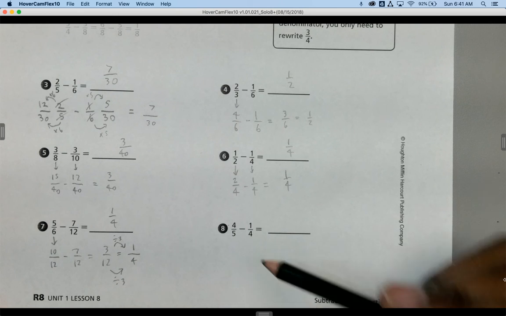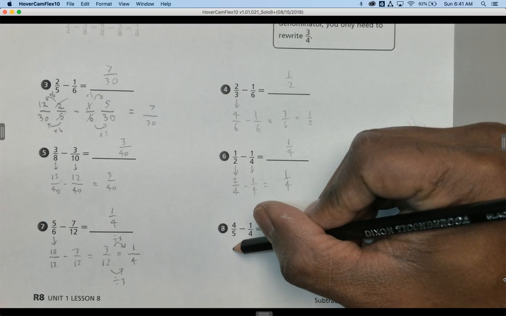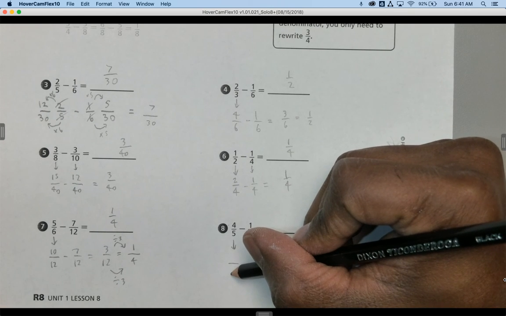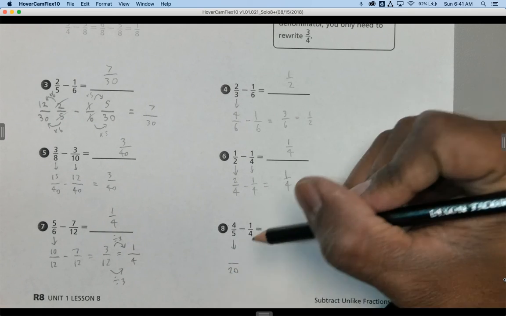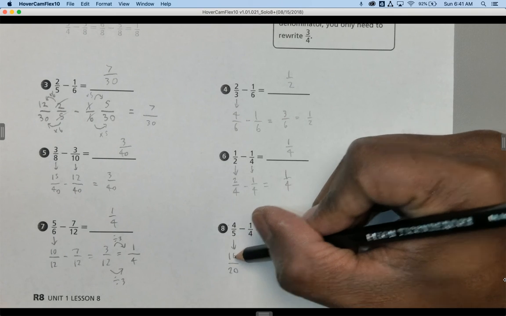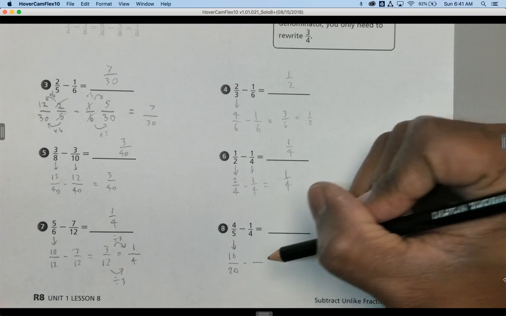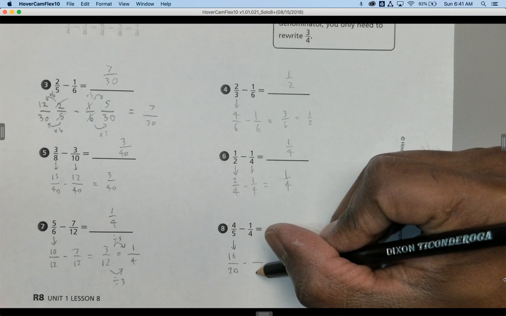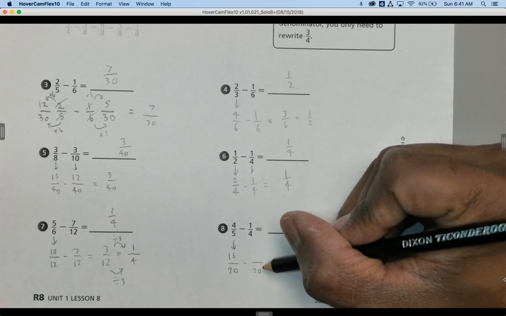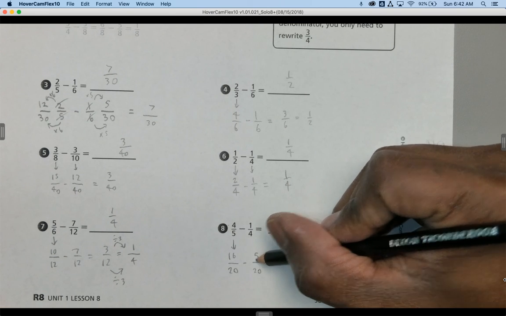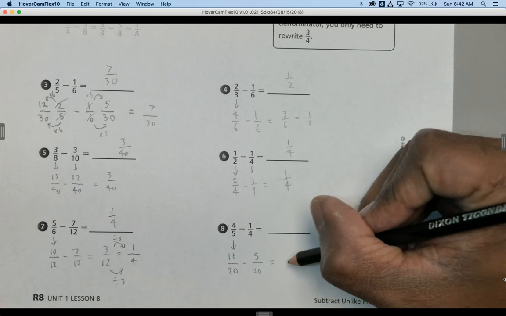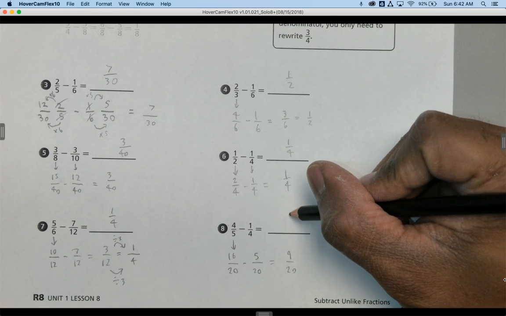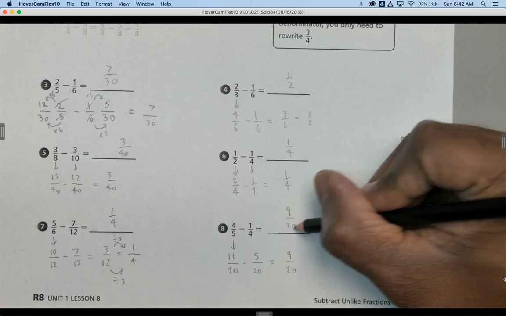Let's rewrite 4/5 by multiplying the bottom and the top by 4, because 20 is the denominator we're going after. Let's rewrite 1/4 by multiplying the bottom by 5 and the top by 5, and then 16 minus 5 is 9. The denominator remains at 20. We get a final answer of 9/20.